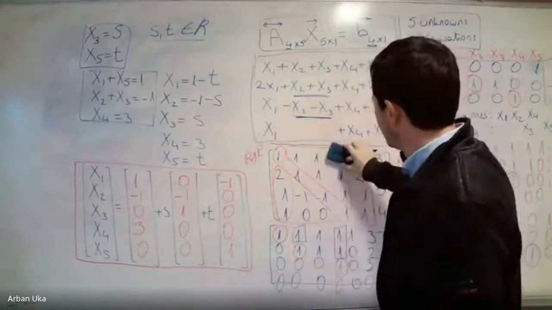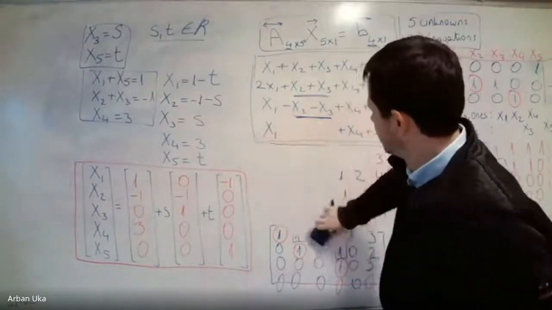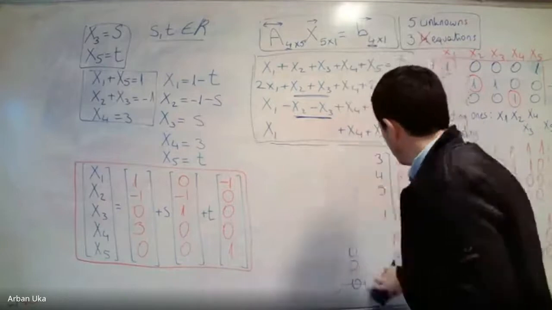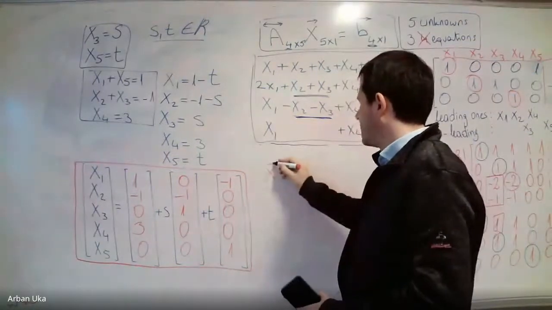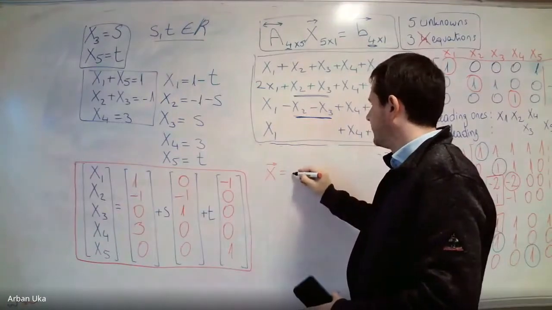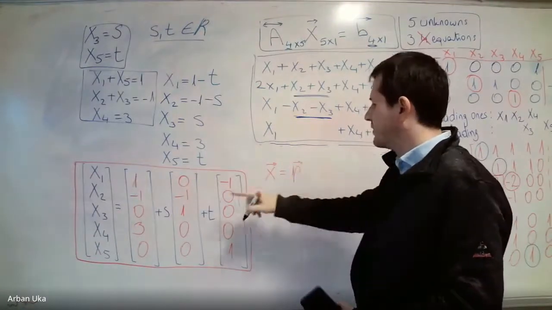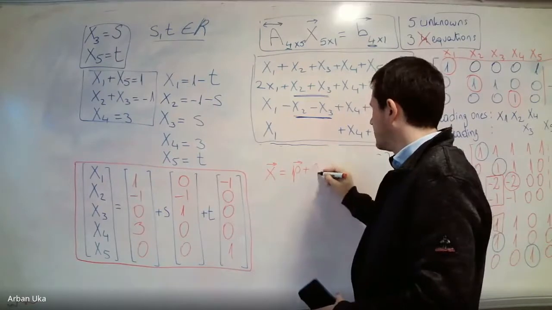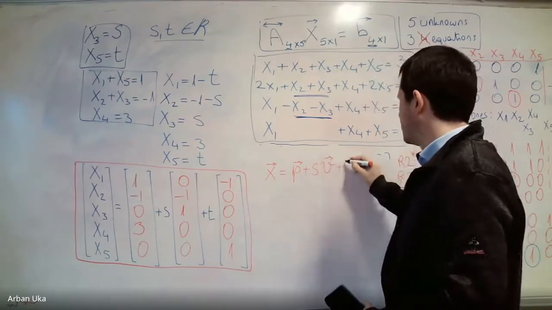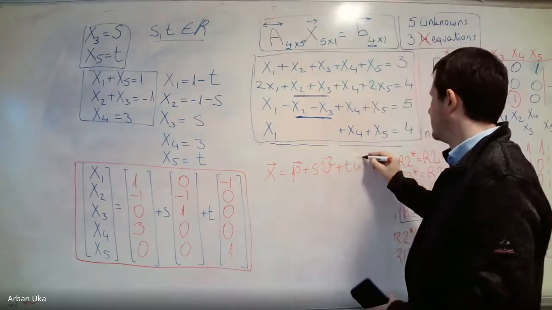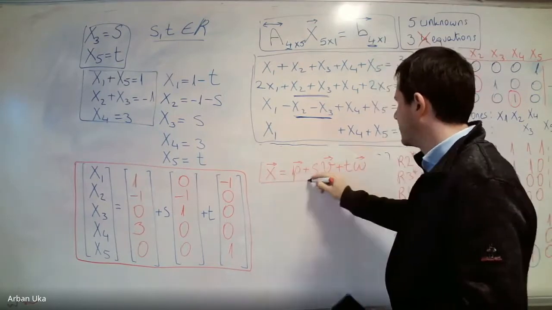And this plane, we can write it like this. The solution space X is equal to P, where we have this constant vector, plus s V plus t W. So this is a plane, okay?